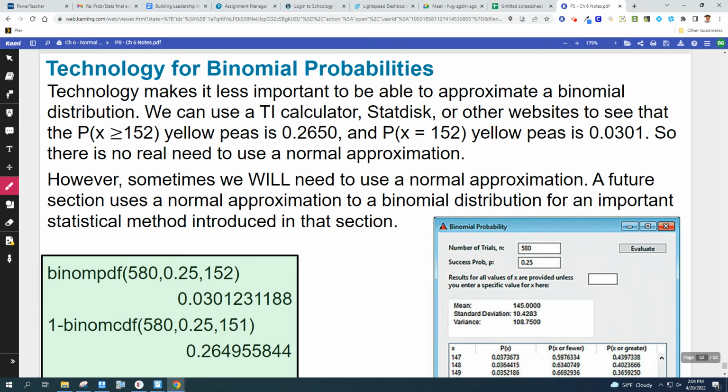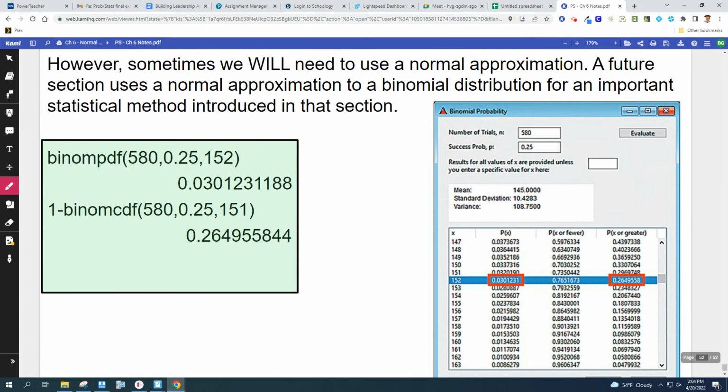So we go back to something we've done before with the binomial probability distribution, and we see this number for x equals 152. We compare that to our approximation, 0.0305 is what we got a second ago, and our approximation was pretty good, but I'm not sure we even needed to go there because our calculators can do so much now. It's interesting to know that we could.